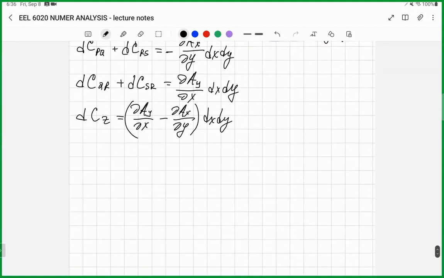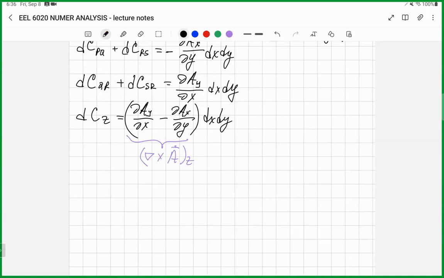And we already recognize this: which one? The z component of the curl. So it is the z component of the curl.